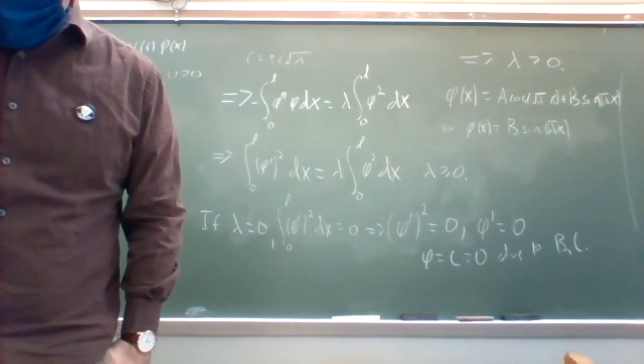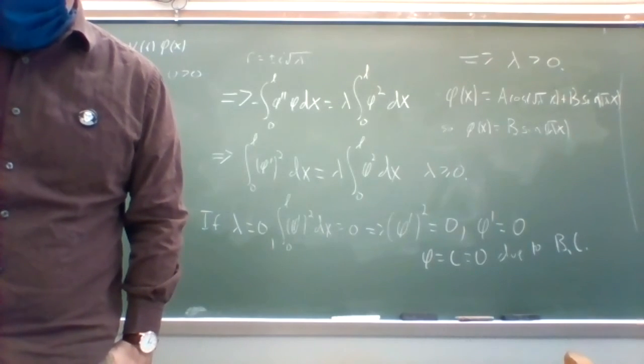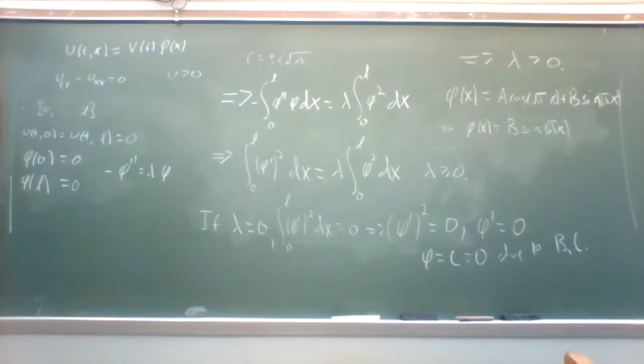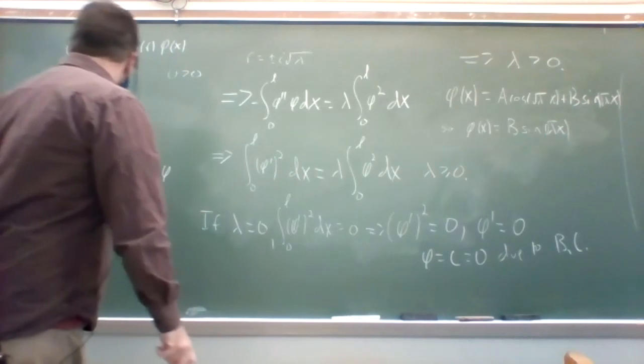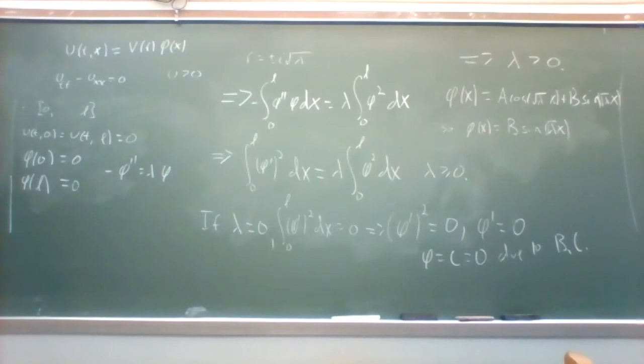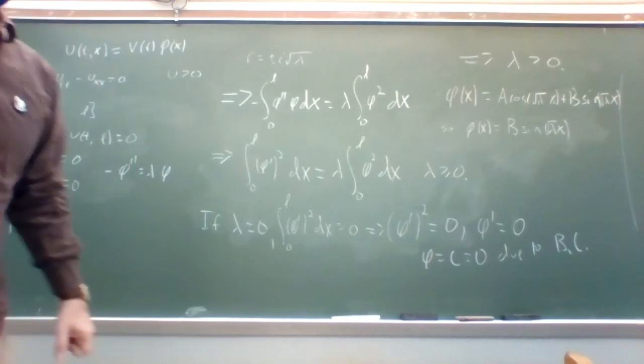And so what about the other boundary condition? We'll speak more about solving this equation in a minute. For now, I'm just focused on this particular piece. Phi of L should also be 0. So that's true. So what about that?